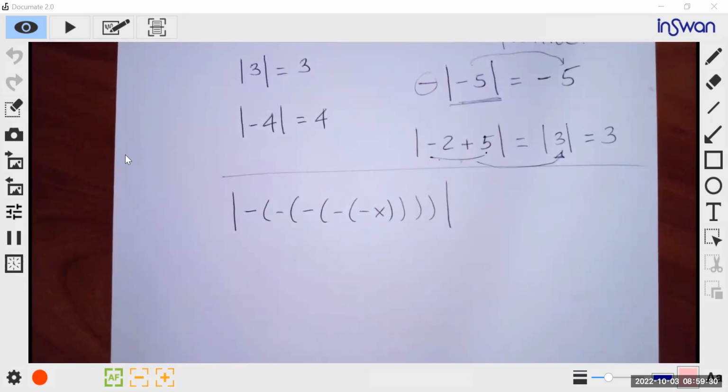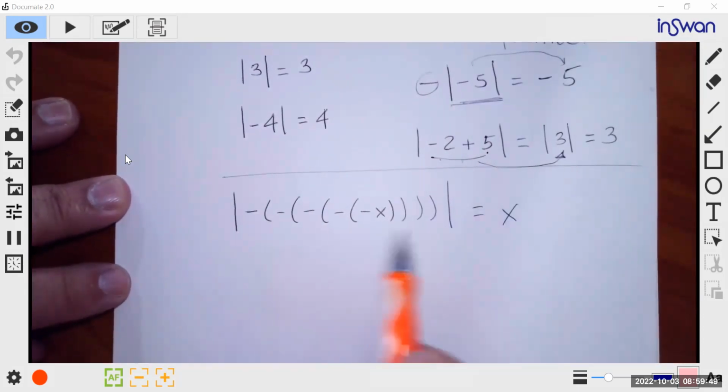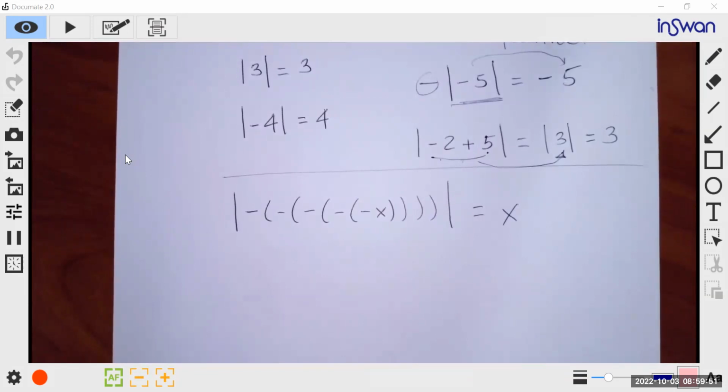What's the answer? Yeah, it doesn't matter all these signs and everything. It's inside the absolute values.